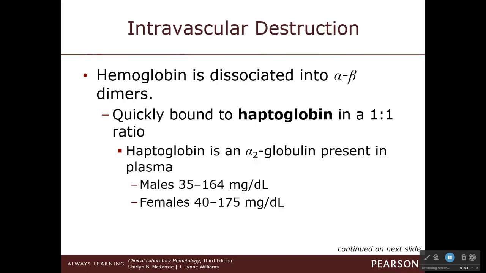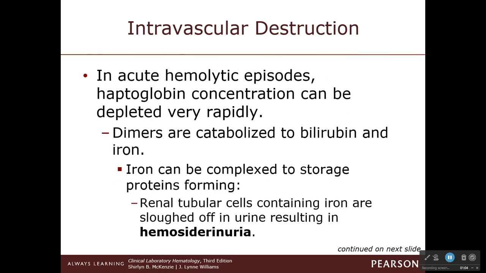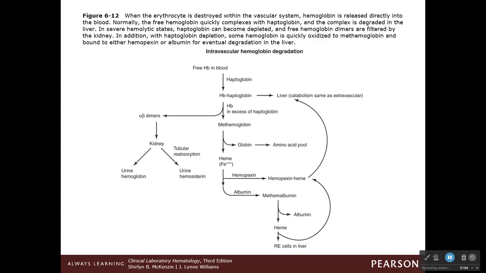All right? Intravascular. So this is happening inside the vessels. Inside the vessel, it happens a little different. Not much difference, but a little bit different. So in our plasma, we have a protein that is called haptoglobin.